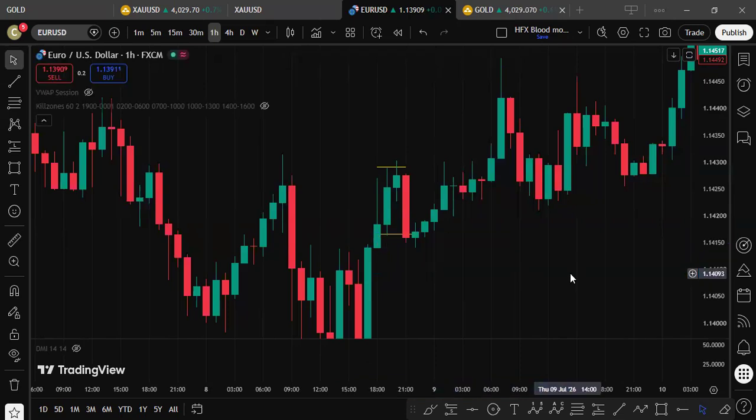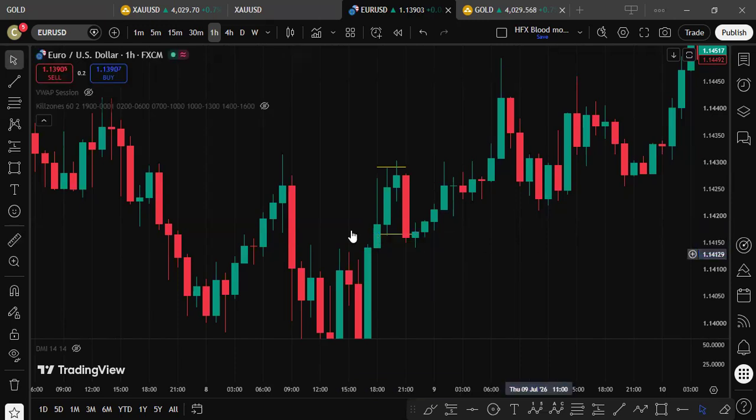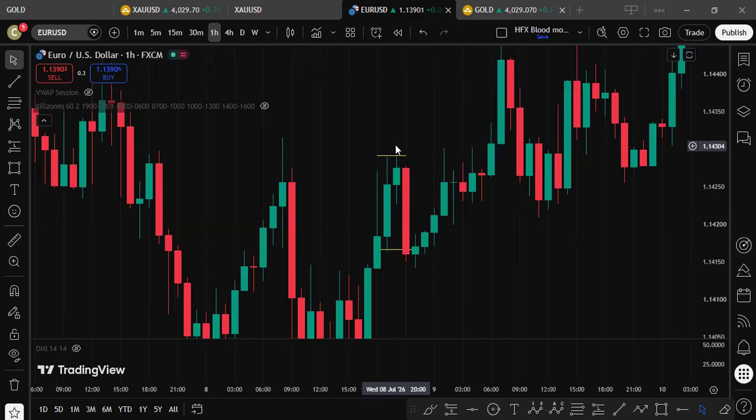The main thing is this happened and it closed within. So what we're gonna do is look for an entry to chase this low, right?